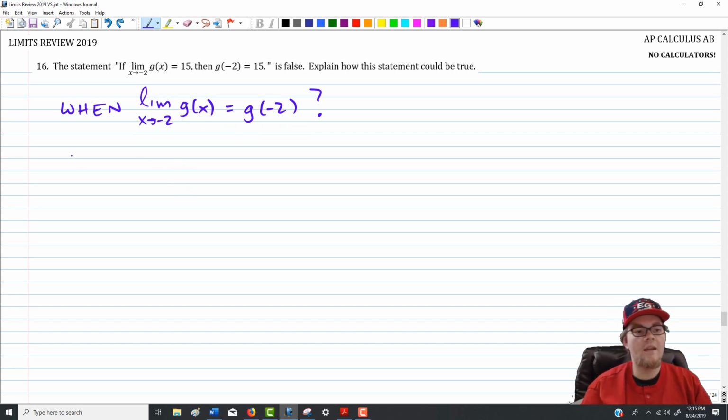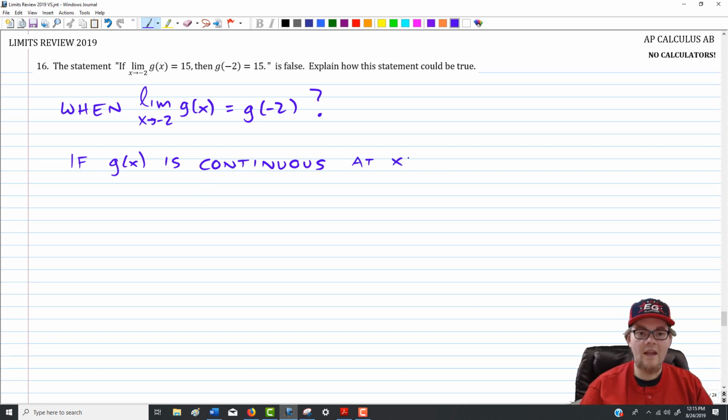So basically what we can say is if g of x is continuous, and basically it's not even enough to just say if g of x is continuous really, although I'd forgive you if you did. If g of x is continuous specifically at x equals -2, since we don't care what happens elsewhere, we're just interested in this neighborhood, then the limit as x approaches -2 of g of x is equal to g of -2.